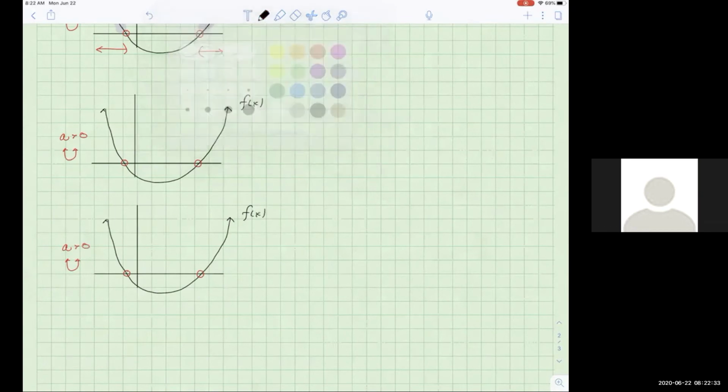For f of x less than 0, this time we want the x values for which the curve is below the axis, right? So in this particular case, since it's less than 0, we don't want to include the axis, but we do want the region in between our zeros. And so we would not have the zeros themselves, but we would have the interval in between the zeros.